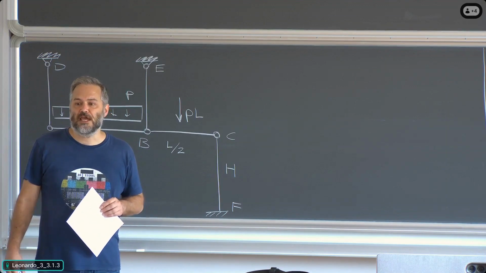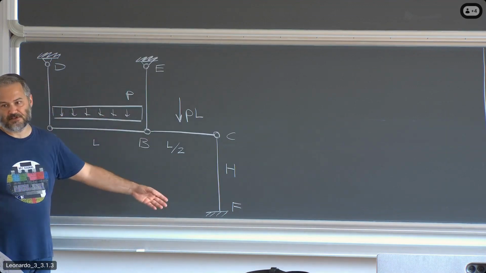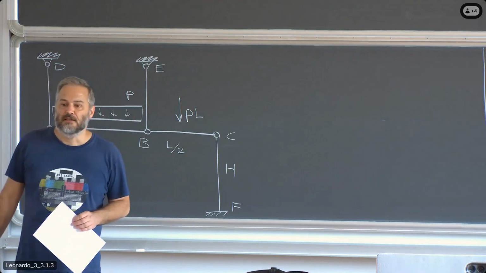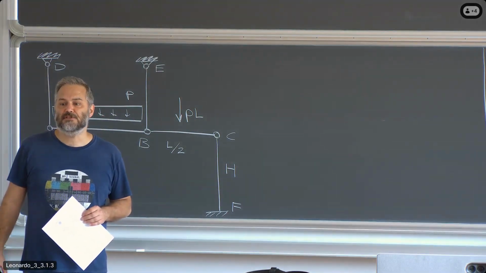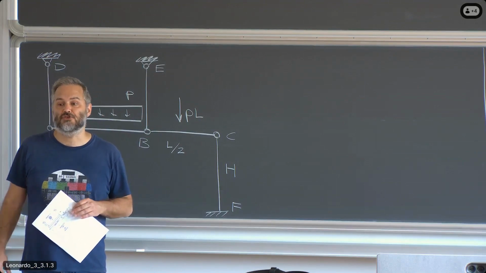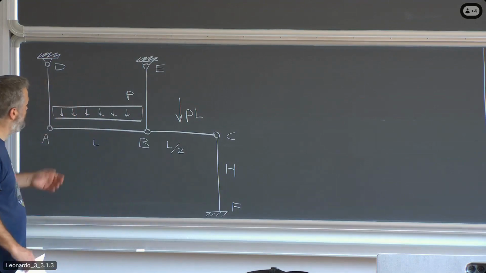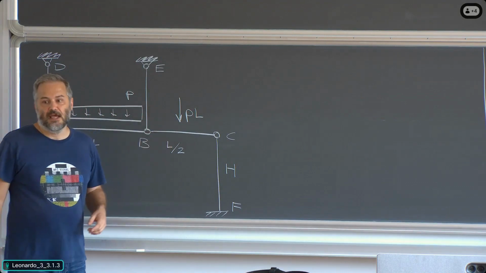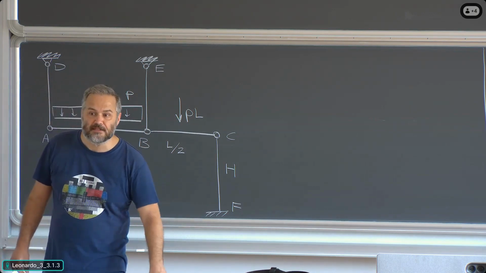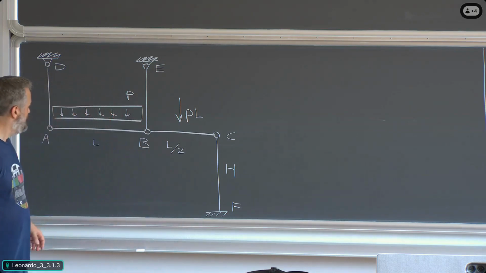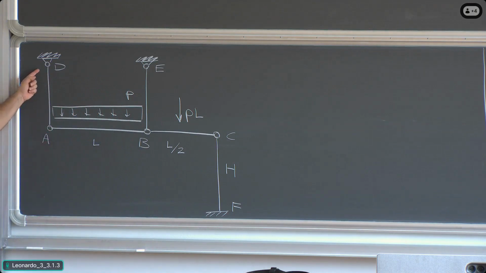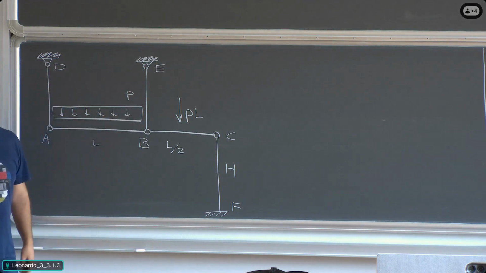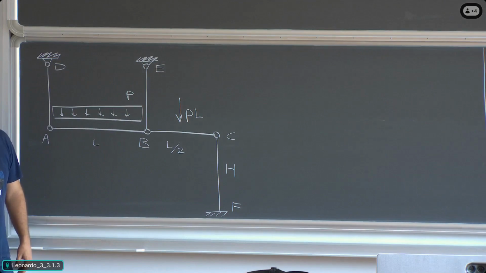The member has to be straight. All the members in this frame are straight. The restraints and constraints at the boundaries should be hinges. We have 4 members which fulfill this condition, 1, 2, 3, and 4. And there should be no loads applied in the middle of the member. So AD and BE are truss members, which means they are subjected to axial forces only. Okay?